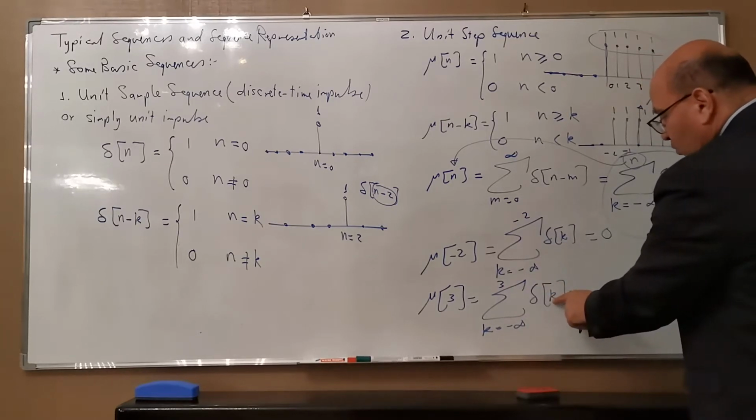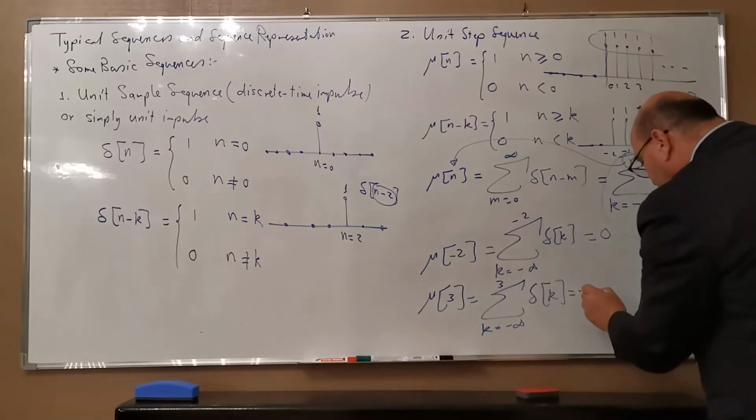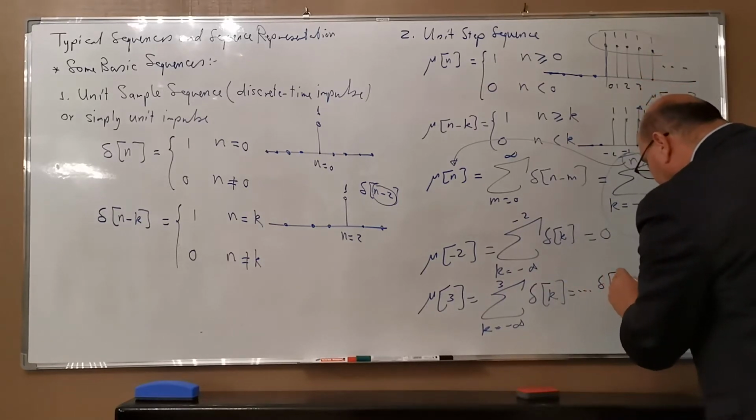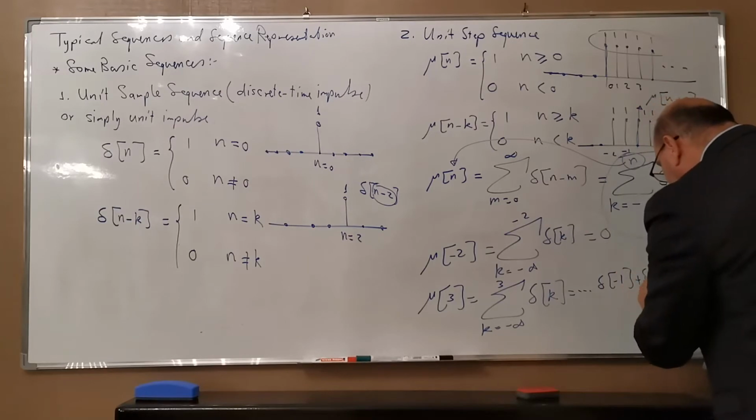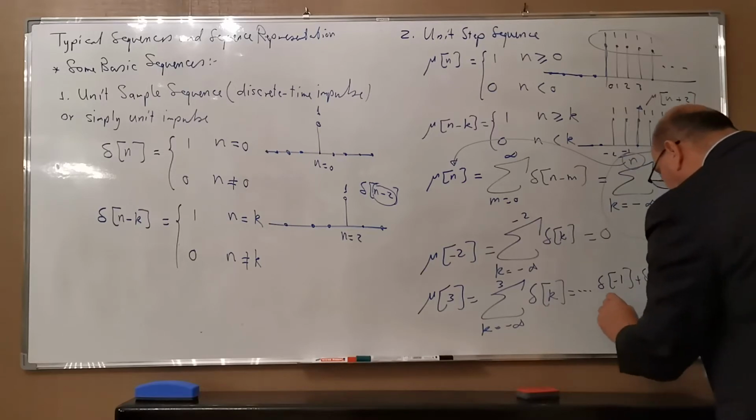As long as we pass through 0, for k equals 0, we have those values: delta of -1 plus delta of 0 plus delta of 1 plus delta of 2 plus delta of 3.